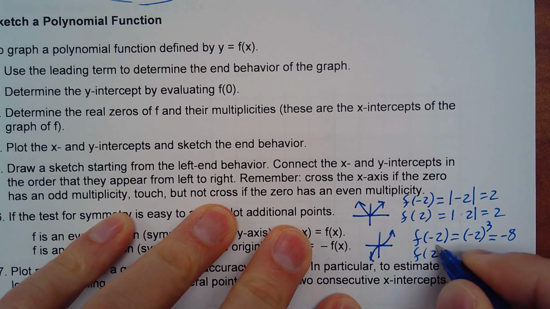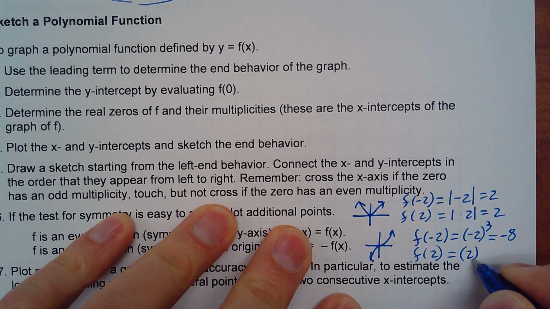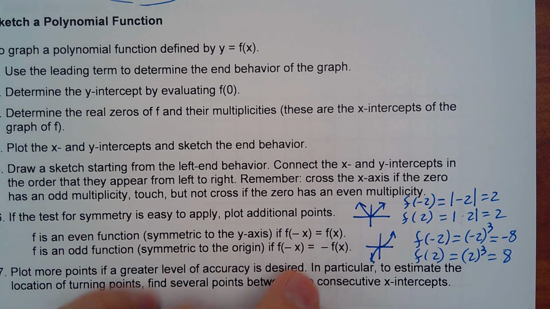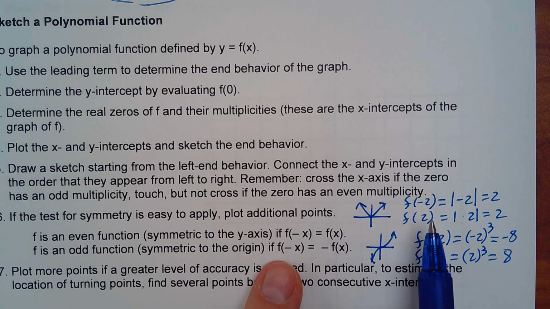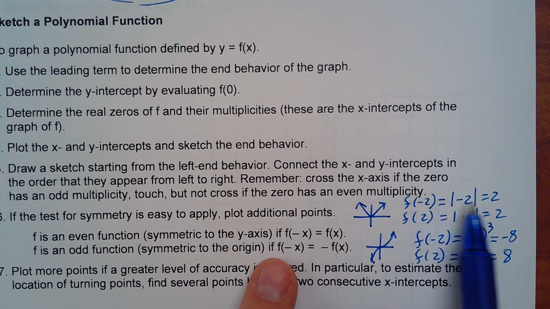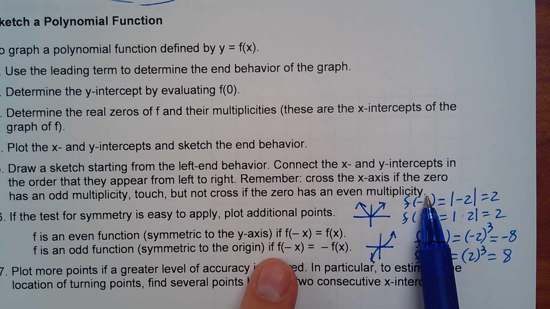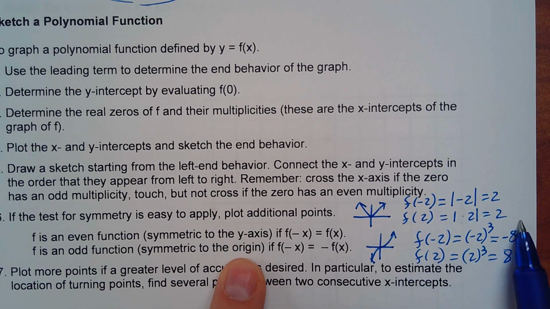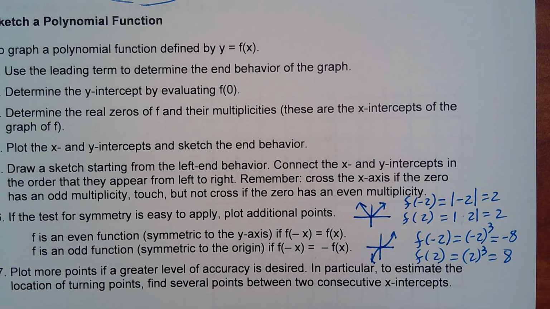F of positive 2 equals 2 cubed, which is positive 8. So my y values are the opposite sign. So for an even function, the y value is the same, even though the x values have different signs. But if it's an odd function, the y value is going to have the opposite sign.